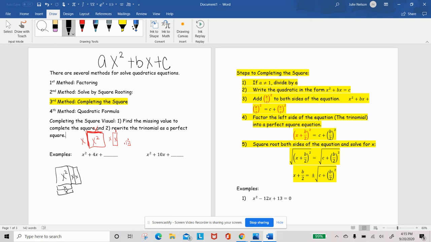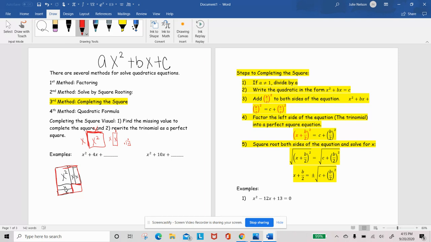And if you look at what this picture looks like, notice it kind of looks like an upside down L or an R shape. That is not a perfect square. To make it a perfect square, it has to be the same length going up and down as it is across. So notice I'm missing this tiny little piece right here.